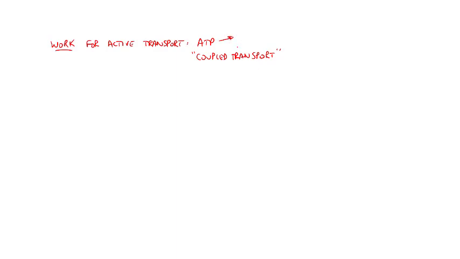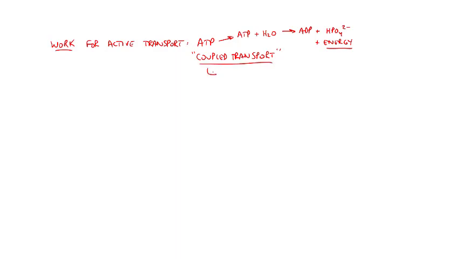So ATP we're going to talk about later in the course, but ATP is the molecule in which hydrolysis of ATP in the presence of water, giving you ADP plus a phosphate ion, releases energy. And this energy can make an otherwise unfavorable reaction favorable.